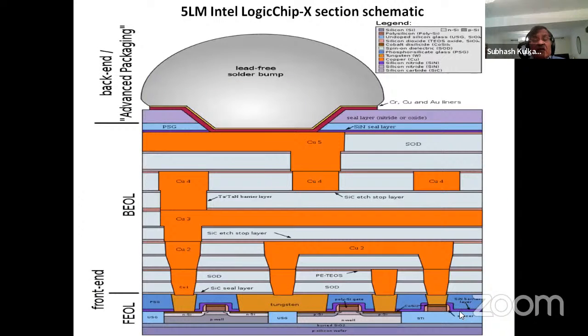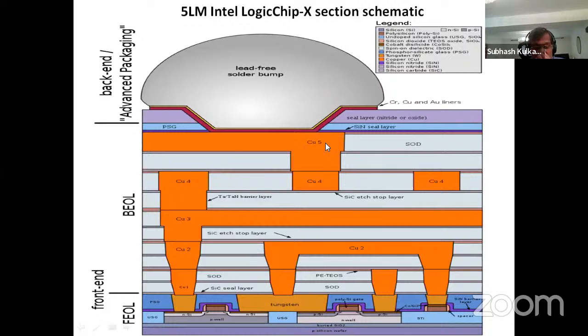Now, when all these processes are conducted, this is how the wafer chip looks in cross section. At the bottom, you had the silicon wafer, you build the transistor. Then you use tungsten to make contacts to the metallurgy above. And then you build copper 1, which is the first metal, second metal, third metal, fourth metal, and fifth metal.